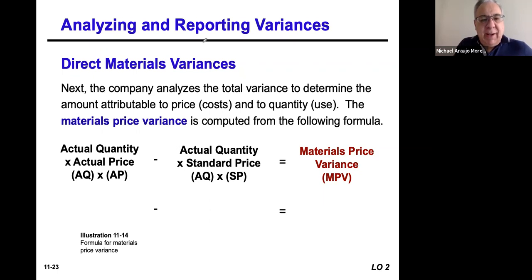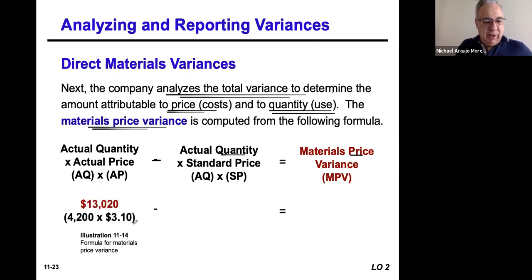the next thing is you're going to be analyzing the total variance to determine the amount attributable to price and what was attributable to quantity. So that means we're going to be looking at this a little bit differently. Actual quantity times actual price, that's going to be the same. But we're going to subtract out the actual quantity times the standard price to get a price variance on these materials.